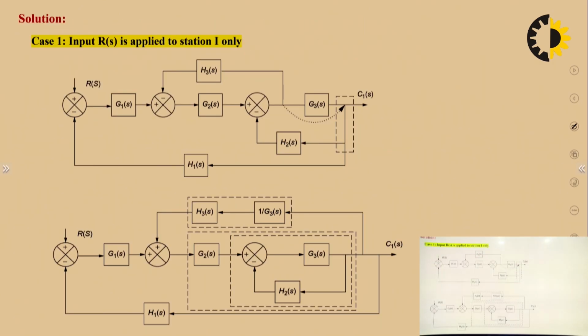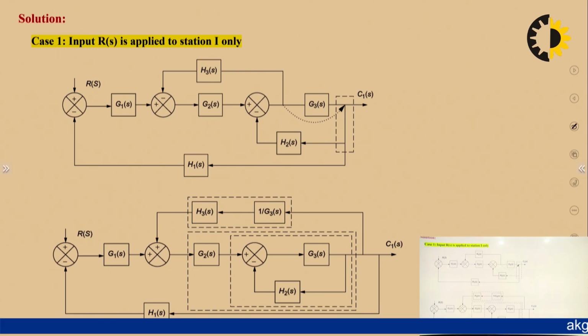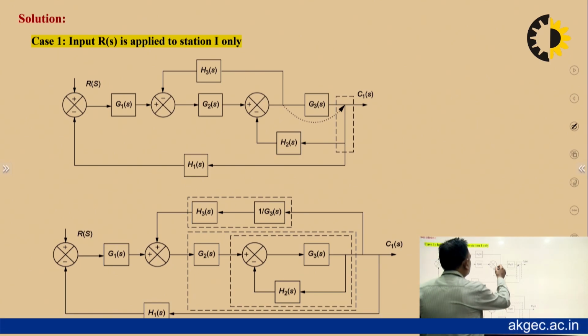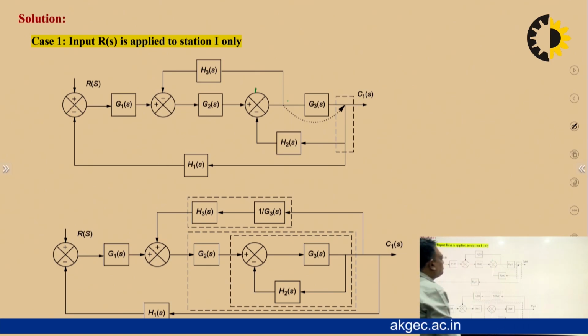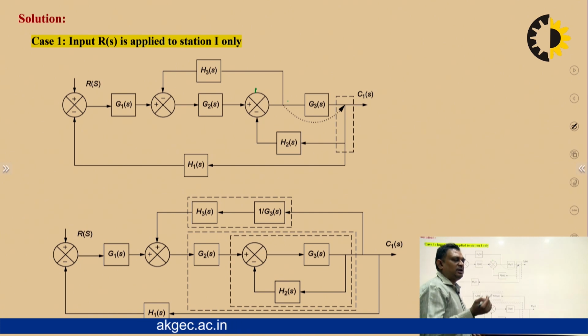Now, for solving this, actually this is a summing point, and this is a takeoff point. Whenever this type of situation arises, we don't want to interchange between summing point and takeoff point because it will become a very complex process.